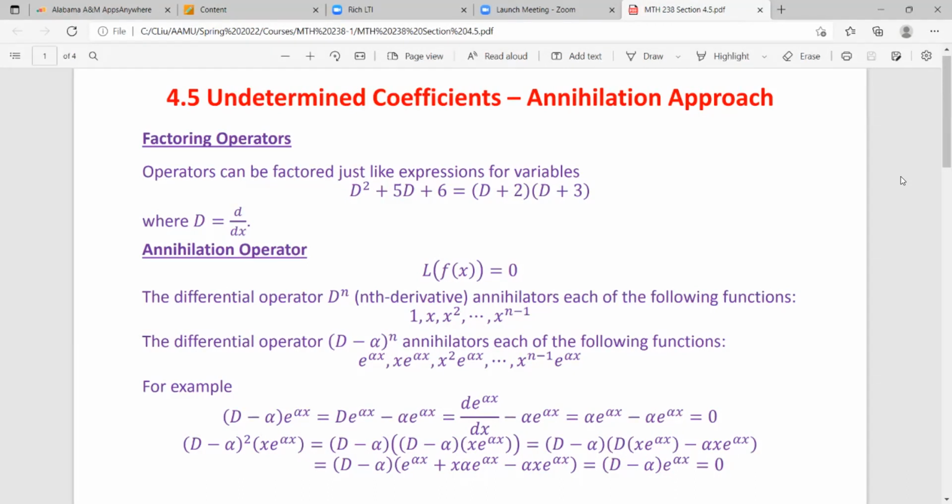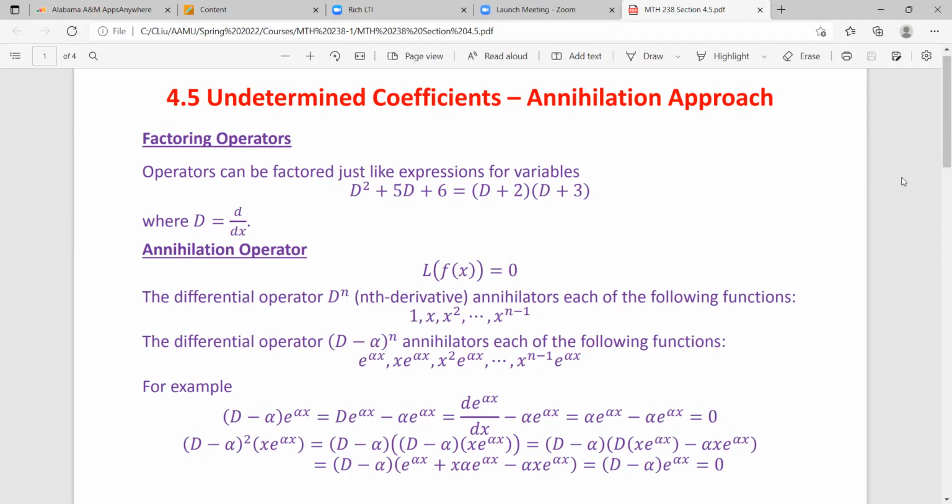So let's talk about some basic properties of operators. Especially, we want to talk about the annihilator operator. What it means is if you have a function f, and the operator expression L acting on this function gives you 0, then we call this operator an annihilator.